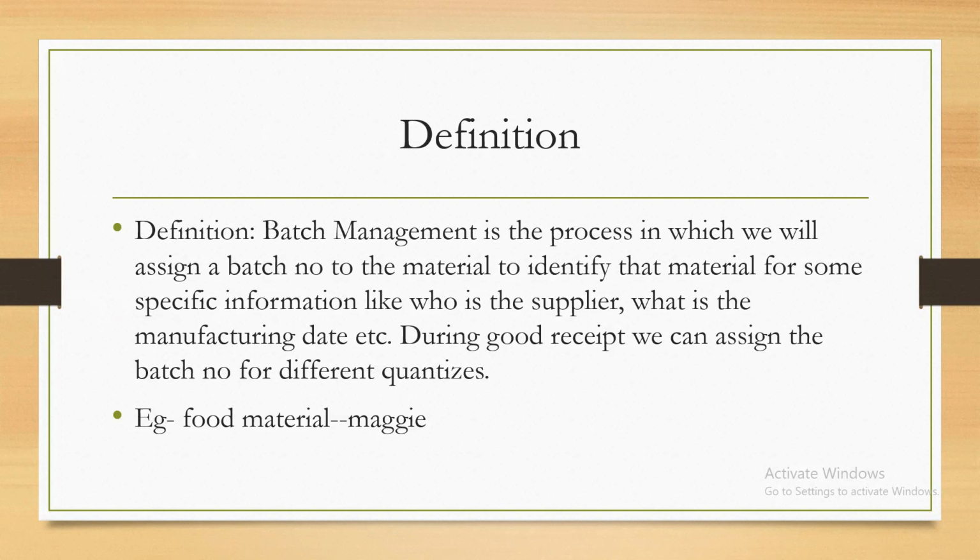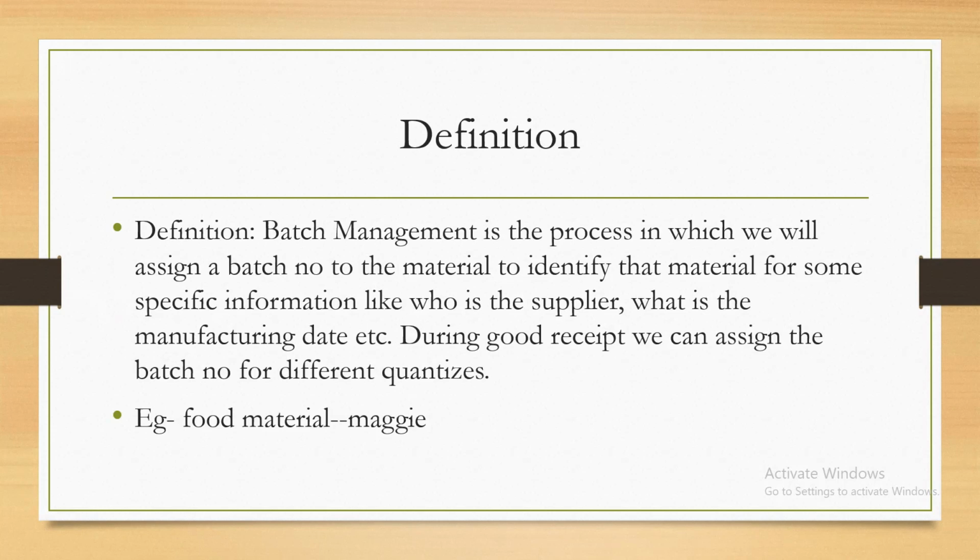For example, SAP is installed in a food industry. During purchase of the material, let's say we are purchasing Maggi. If we are purchasing some quantities, the material purchased first should be used first, right?